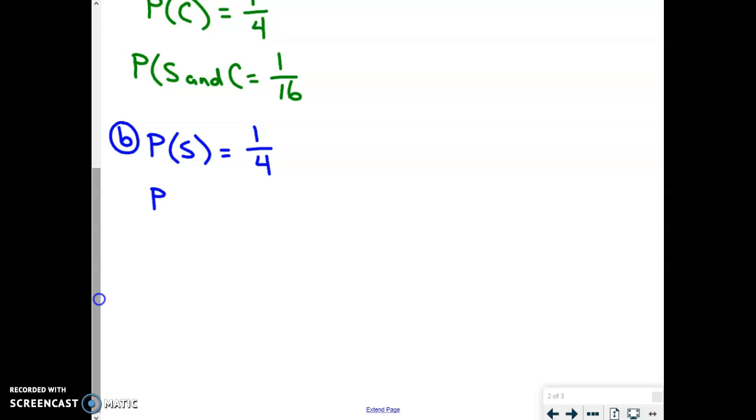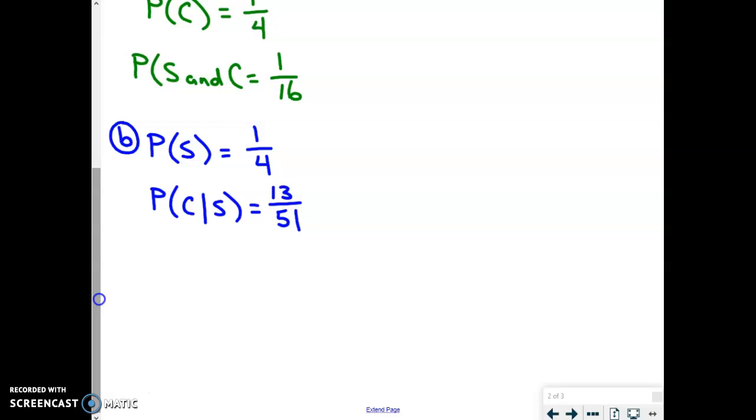So now, what's the probability of drawing a club given that we drew that first spade? Now there are still the same exact amount of clubs in that deck because the first one was a spade. So there are 13 clubs. But now we're taking that 13 out of 51 cards.